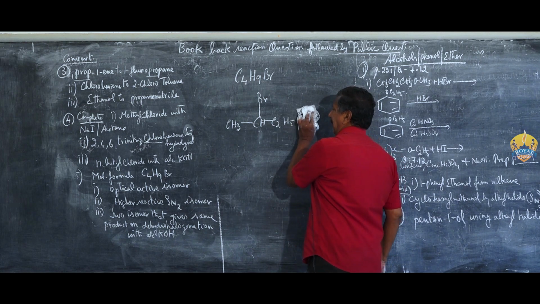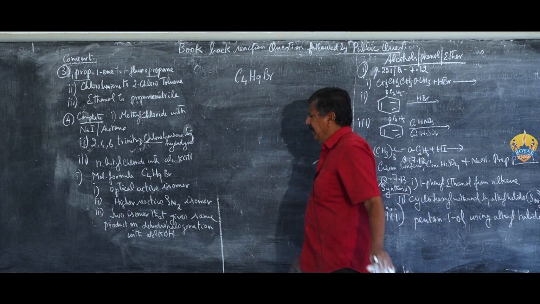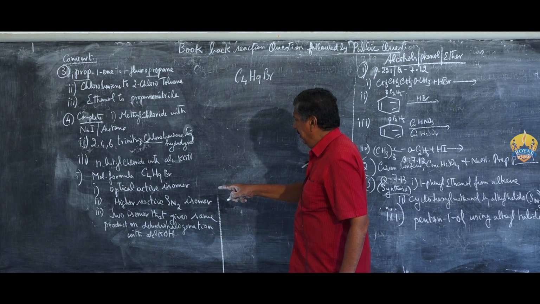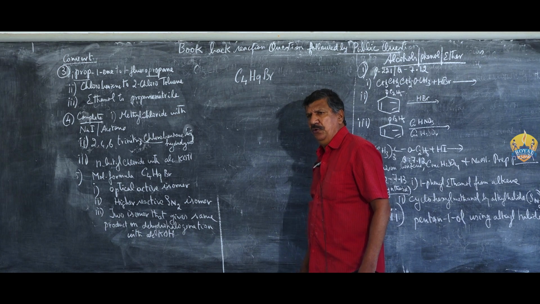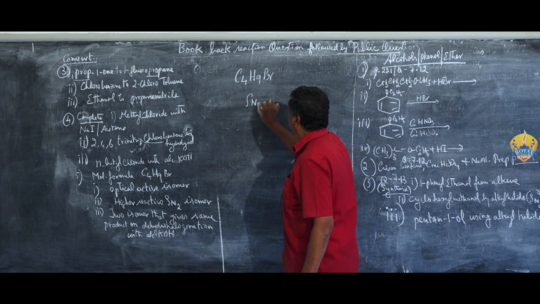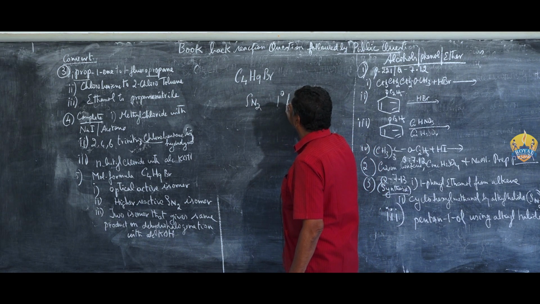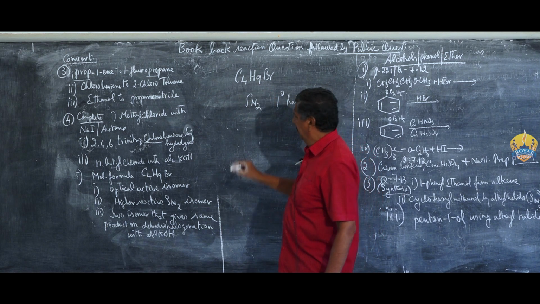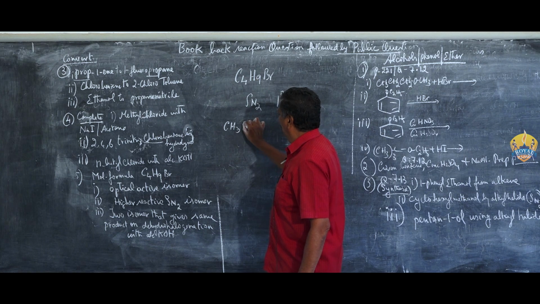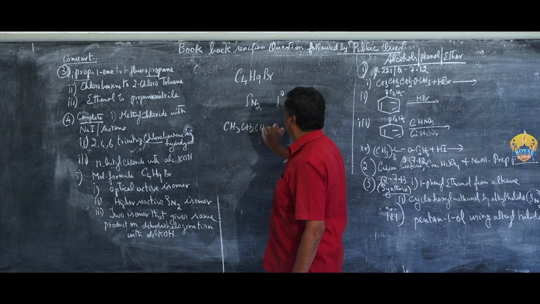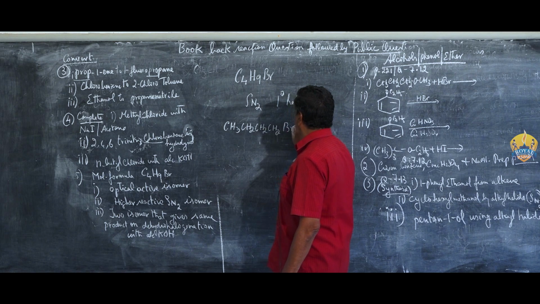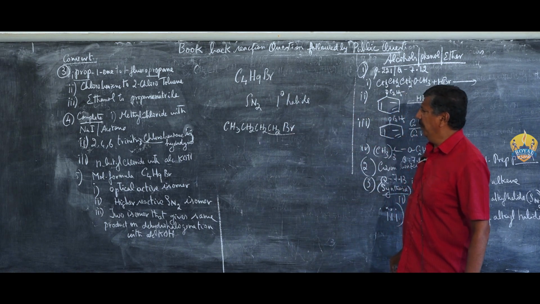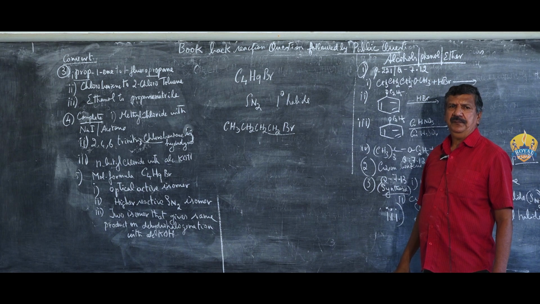Next one, second answer, highly reactive with SN2 isomer. SN2 means you should prefer primary halide. How can you write a primary halide? Very easy. You write straight. Straight means primary. This is a condition for primary.